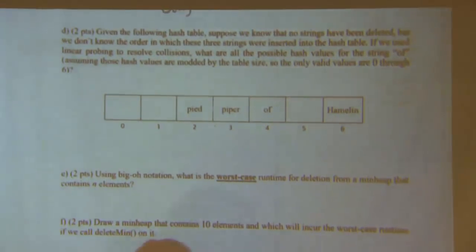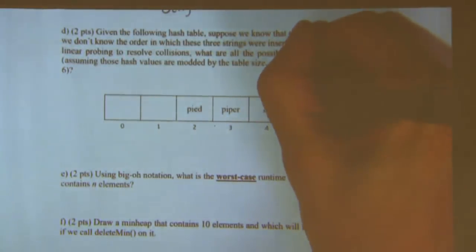For this one, given the following hash table, and supposing that no strings have been deleted, but we don't know which order they were inserted, we want to figure out all the possible places where the word of could have been inserted if we use linear probing. Obviously of could have hashed to position 4, so that's one possibility.